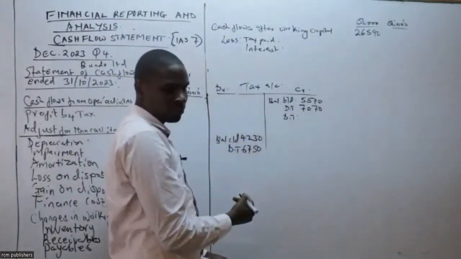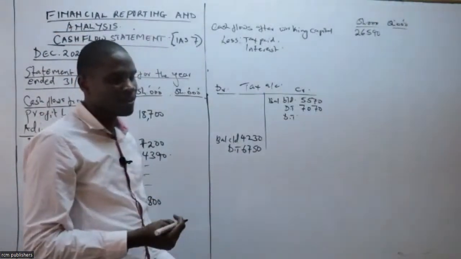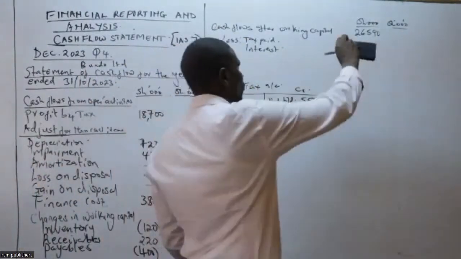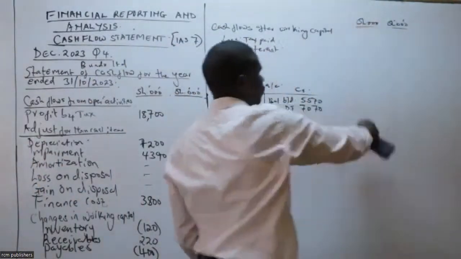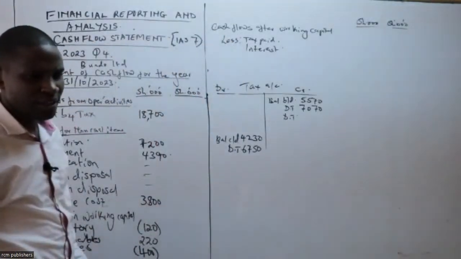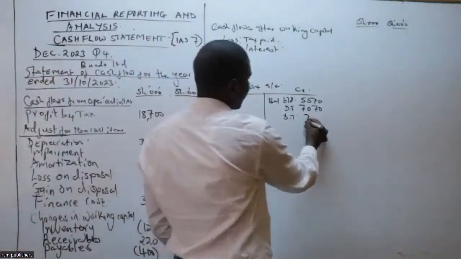What is that percent of 1200? 30% of 1200, how much are you getting? 360.